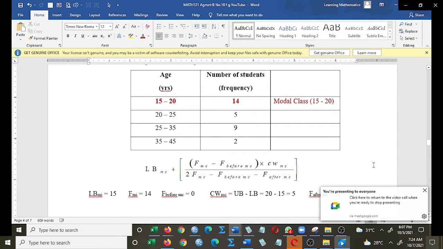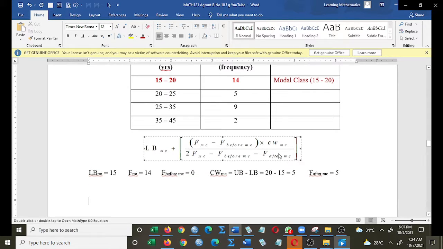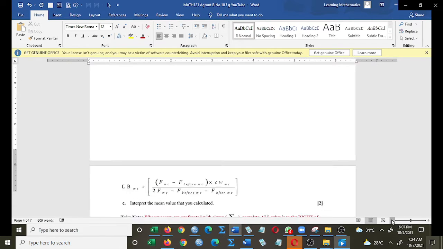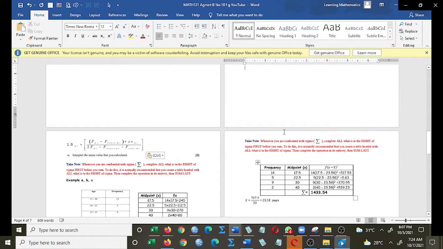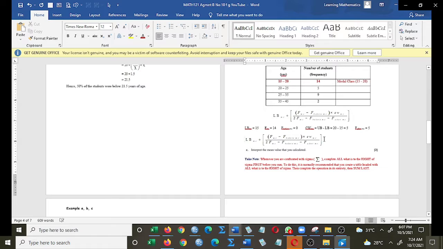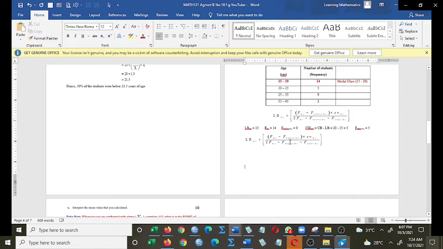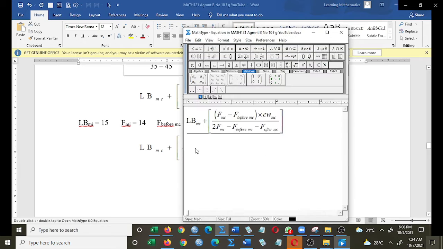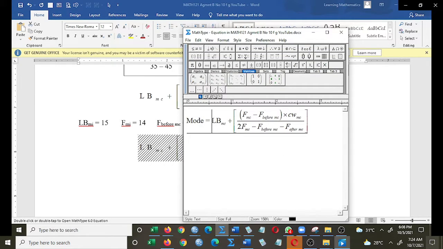So now we are ready to substitute into the formula. Just copy and paste this formula here to start substituting into it. Mode is equal to.